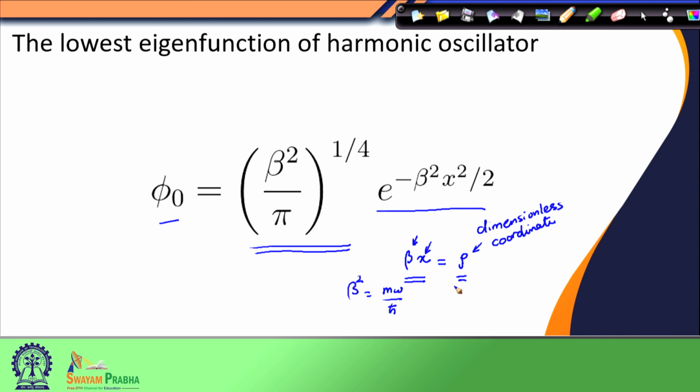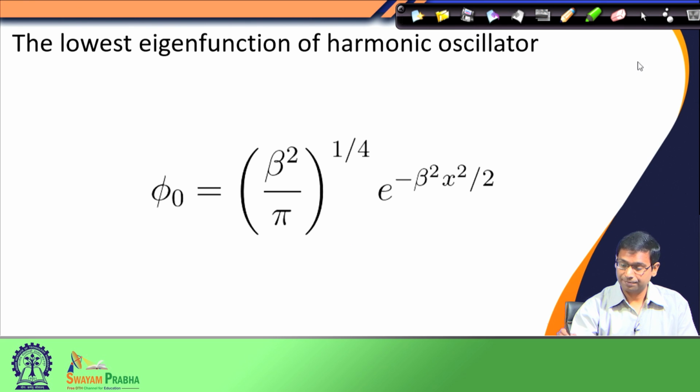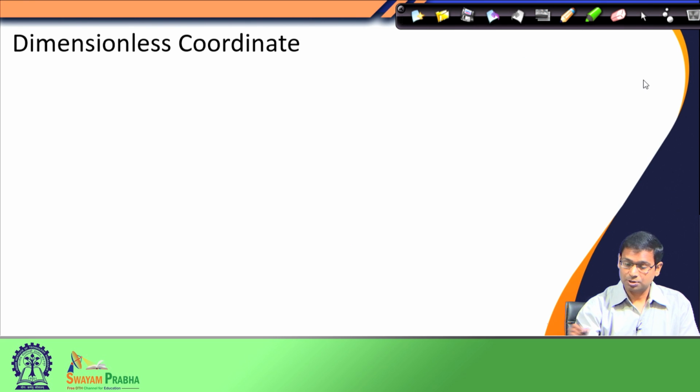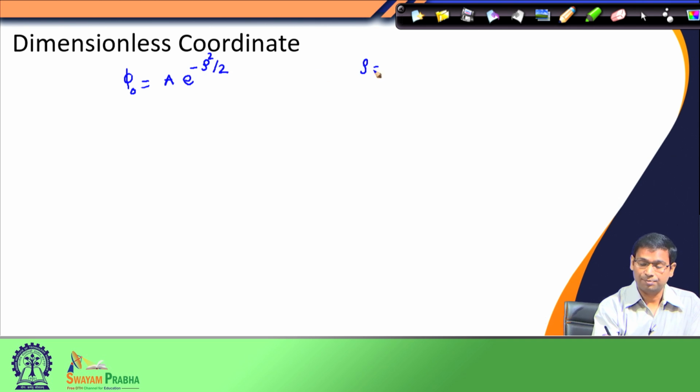We will redefine the lowest wave function of the harmonic oscillator in the dimensionless coordinate. So we have phi 0 as the normalization constant A multiplied by e to the power minus rho square by 2, where rho is defined as beta x.